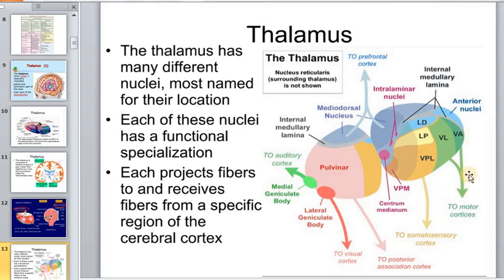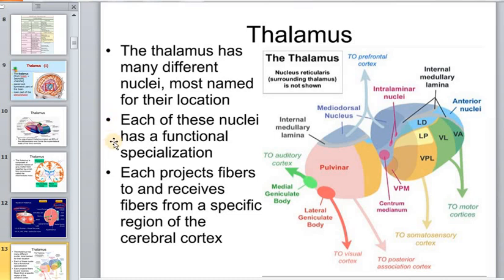The anterior part, here we see blue colored, is the anterior nucleus. Within each of these parts, a number of nuclei can be found. Only the most important ones are listed below, but we have so many different nuclei, most named for their location.